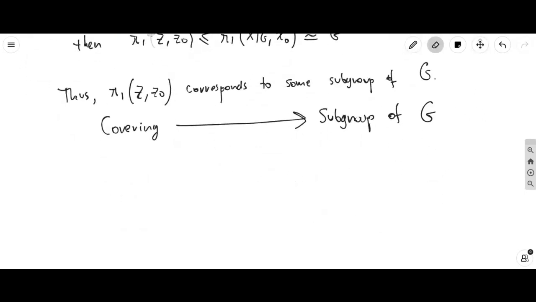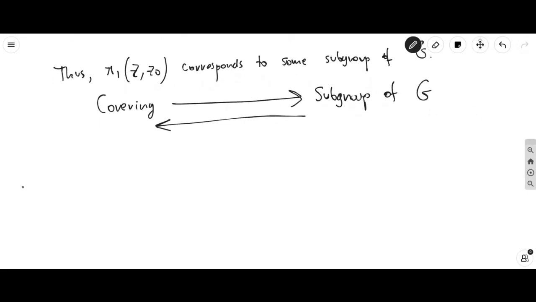But then you can go backwards. You can now reverse the process. If you have a subgroup of G, you can create a covering out of that. So let's show how you would go backwards. So conversely, if H is a subgroup of G, then H also acts evenly on X. I leave that for you to think about.